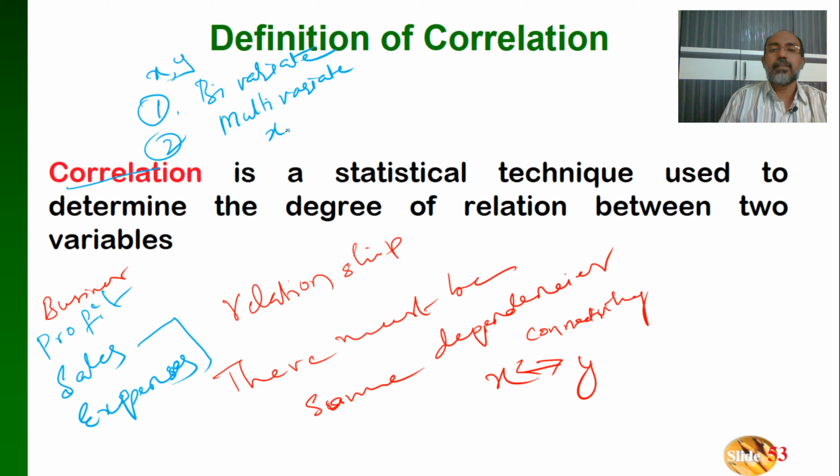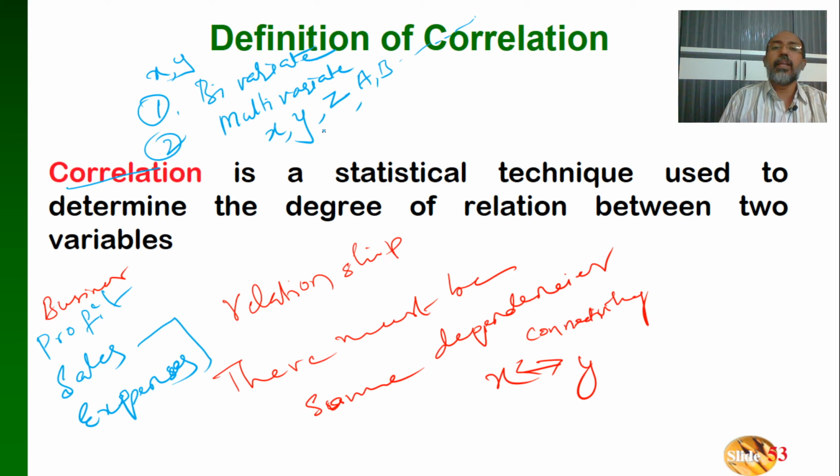Multivariate may include z, a, b, and so on. But calculating multivariate correlation, called multiple correlation, is very difficult compared to bivariate. Bivariate is a little bit easy and can be calculated manually, whereas for multivariate data we need the assistance of computers to calculate multiple correlation.